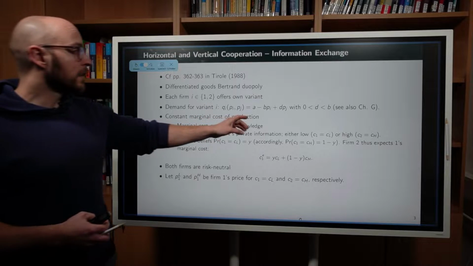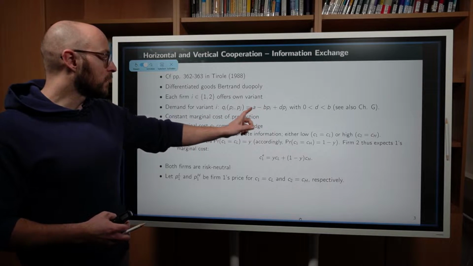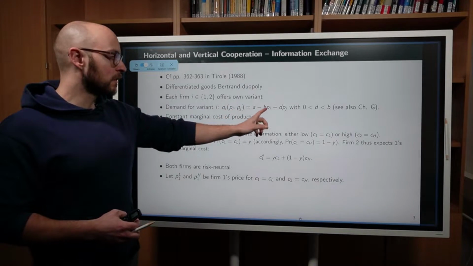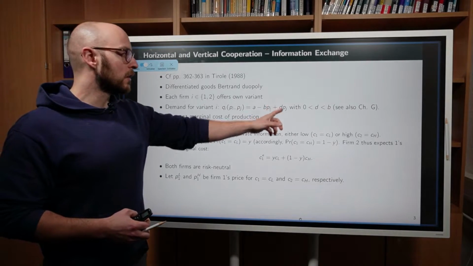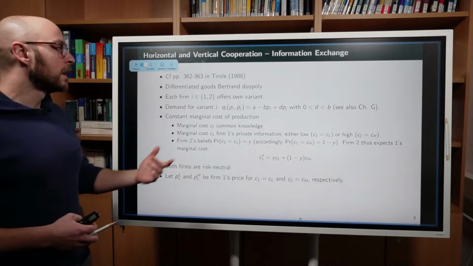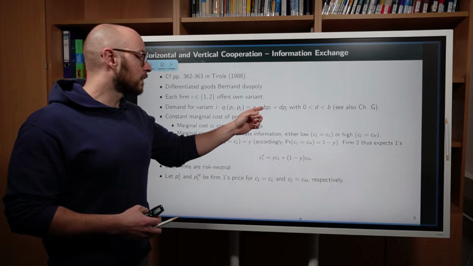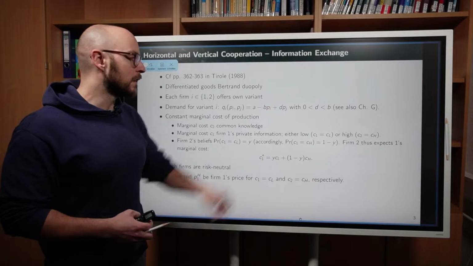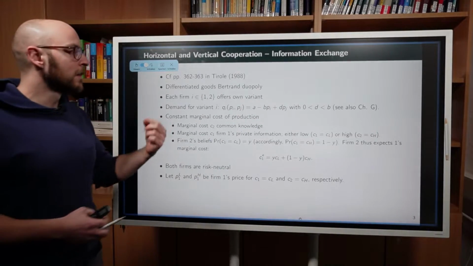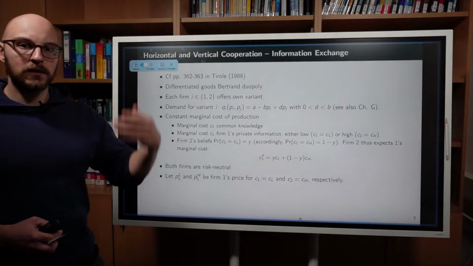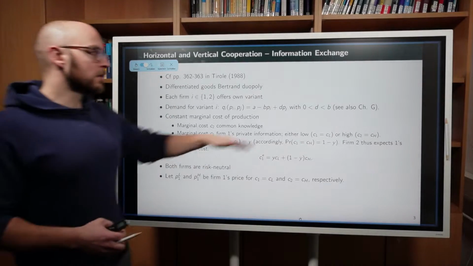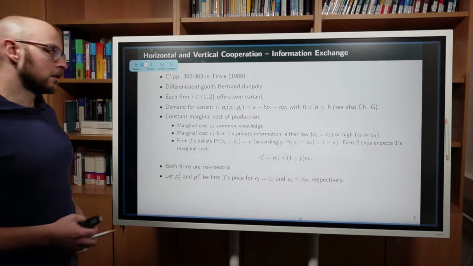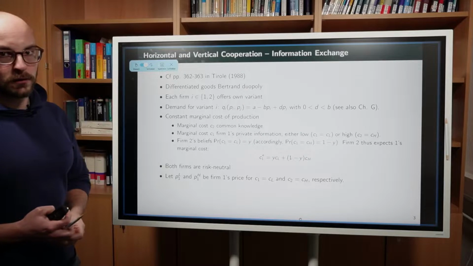So it's basically a linear function where the demand for a variant i decreases in the price of the variant and increases in the price of the other variant. And we have that the decrease in demand from an increase in the price of the own variant weighs more strongly than the increase in demand that is associated to an increase in the price of the other variant. That is something that we have been discussing when we talked about horizontal mergers.